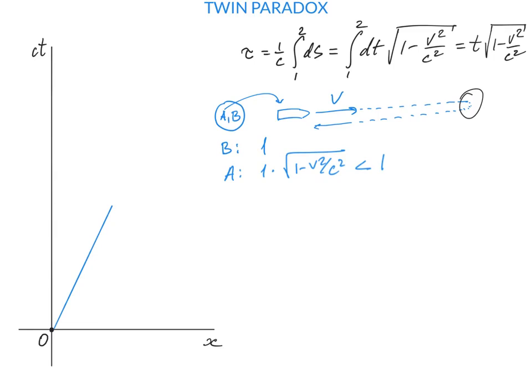So on this diagram, the corresponding time that it takes to reverse is very small. So then she just goes back along a straight line like this. Okay, so this is the point where she turns around. Now let's put some markings on the axes. So let's project this point to the time axis and to the x-axis.